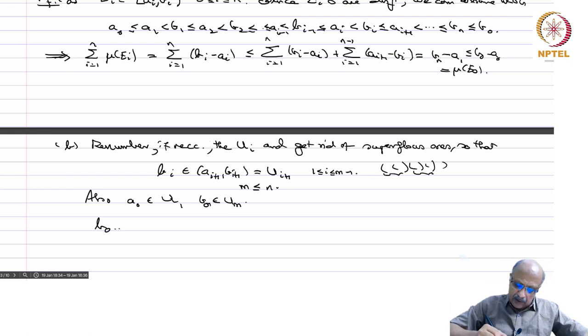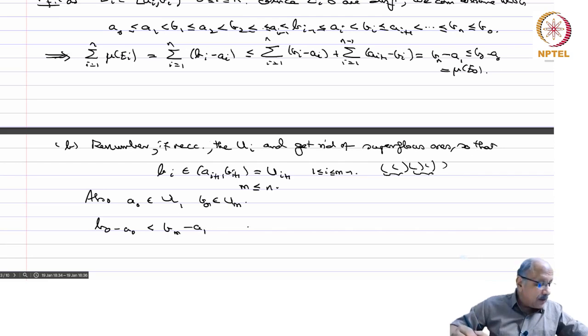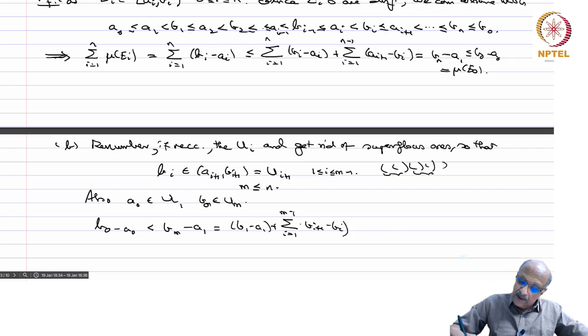So again, B_0 minus A_0 is less than b_m minus a_1, which is equal to b_1 minus a_1 plus the sum over i equals 1 to m minus 1 of b_{i+1} minus b_i.